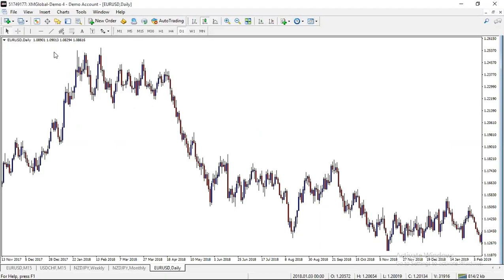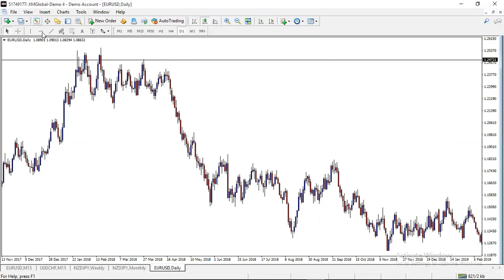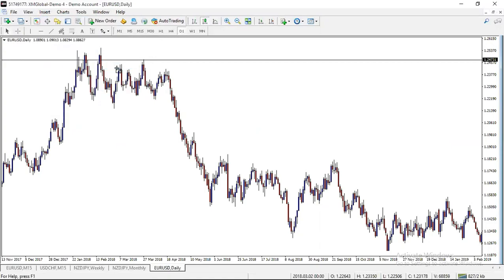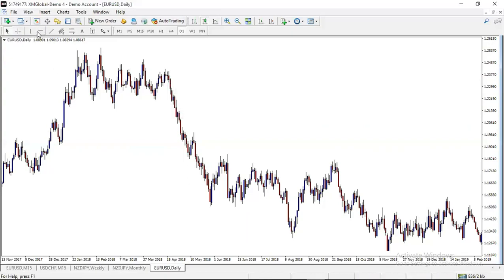Same as this one. You could have taken this one as a resistance, but did it reach your resistance? It didn't reach your resistance. Now, if you draw it like this, you get that nice reaction from the resistance. I think this is another one.